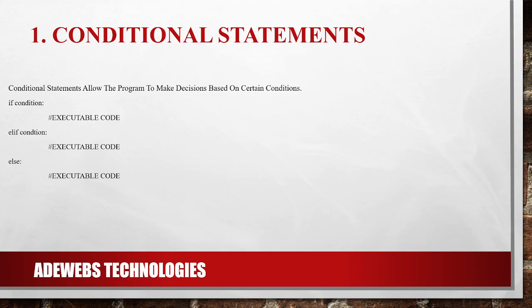This is a very useful and handy syntax while you are writing in any programming language of your choice, which Python is not excluded. So today we will discuss conditional statements: the if statement, elif statement and else statement.